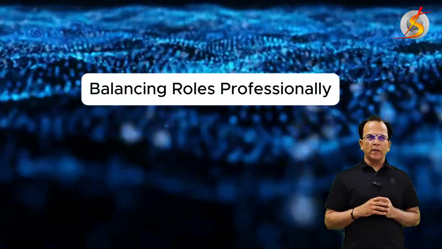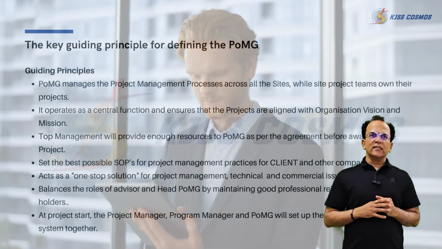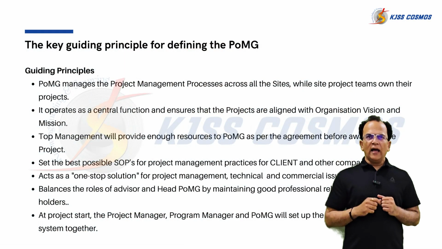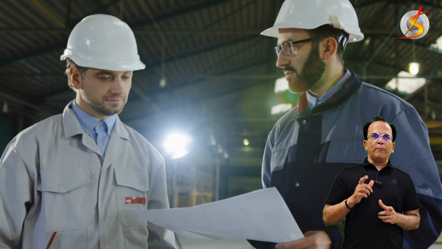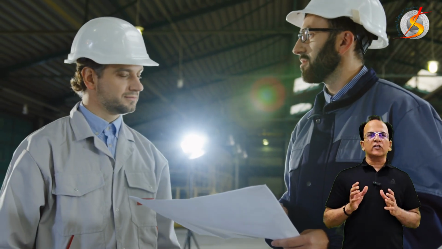Now coming to balancing roles professionally. PoMG acts as both an advisor and a leader while maintaining strong relationships with all the stakeholders. PoMG will act as a single point of contact, and it will create a balance in these roles and responsibilities.